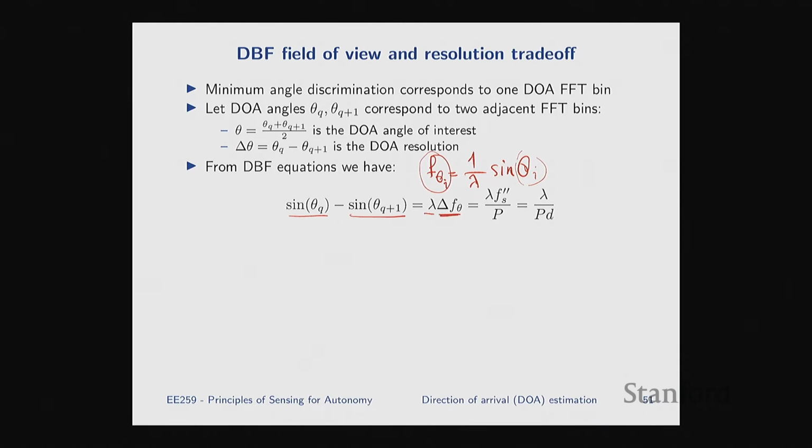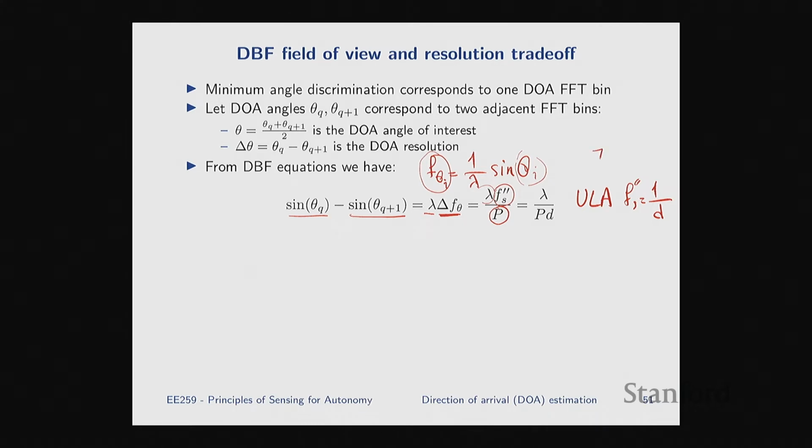So delta f theta is actually the width of one FFT bin, which, as you know, is equal to the sampling rate, f double prime s, divided by the total number of points in the FFT, P, okay? And it's just a scale by lambda. And the sampling rate, if you remember, for a ULA, uniform linear array, was just equal to f double prime s, was just 1 over d, where d is the spacing between the antenna elements, right?